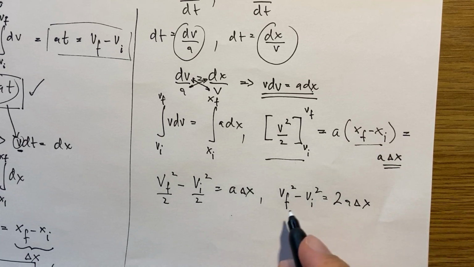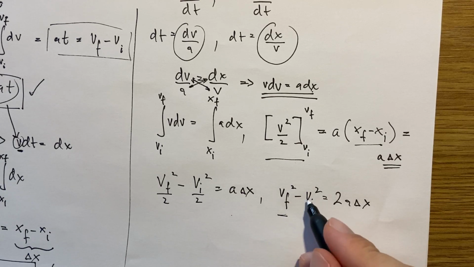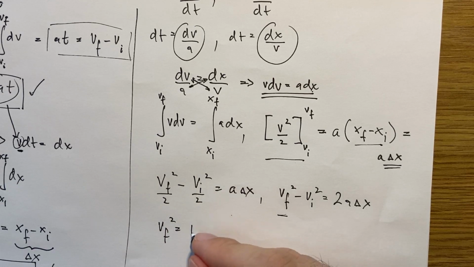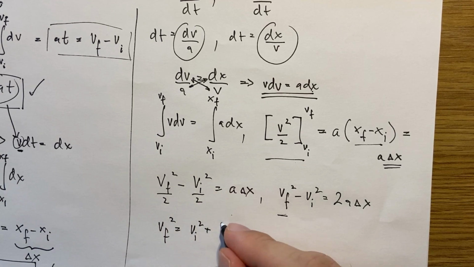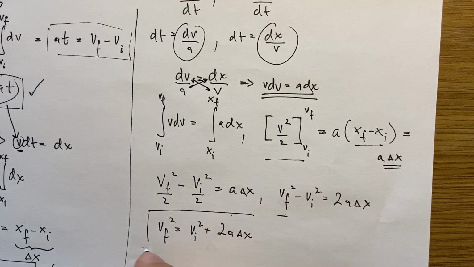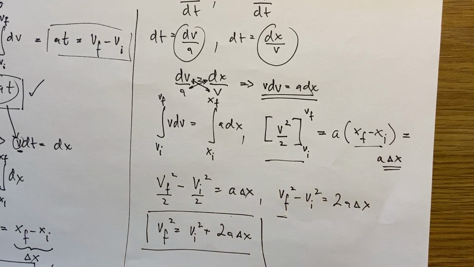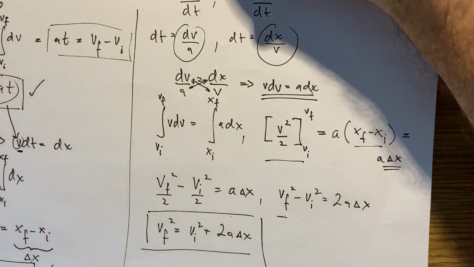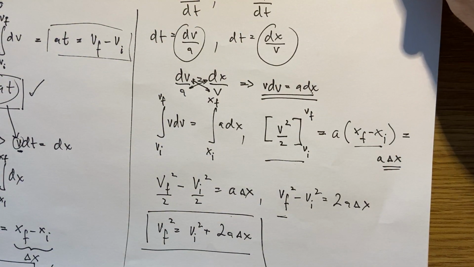And then we can add vi squared to both sides and we'll get vf squared equals vi squared plus 2a delta x. And that is the third equation of motion. That, my dear friends, is how you derive the first three equations of motion.